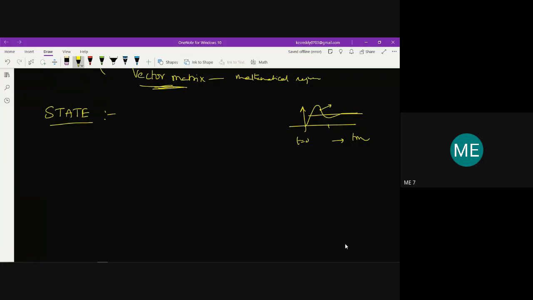In a system whose output depends not only on the input given but also on the initial conditions at time 0, the behavior depends on time t equal to 0. These systems are called dynamic systems, or systems with memory.